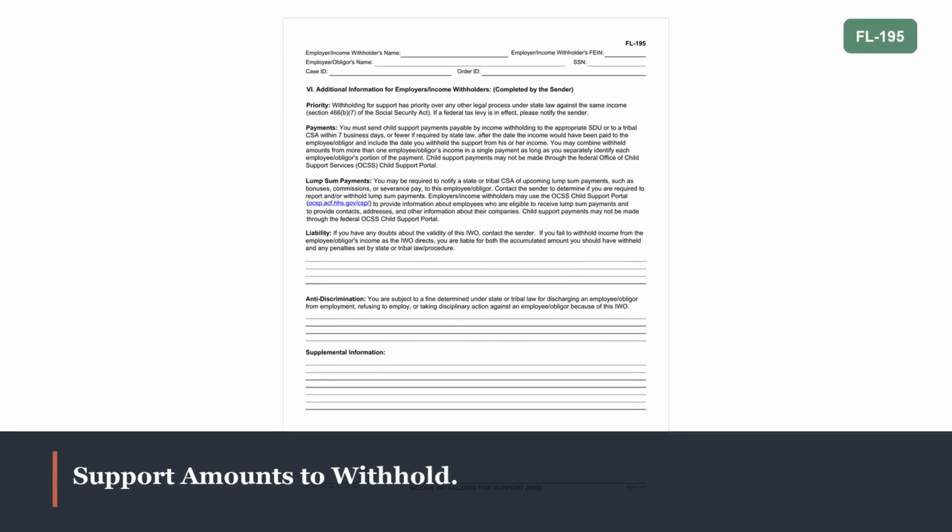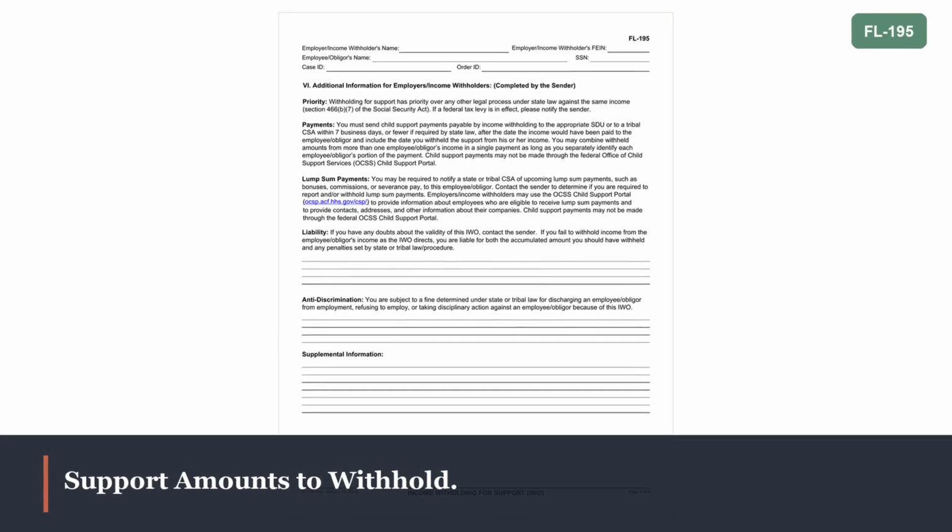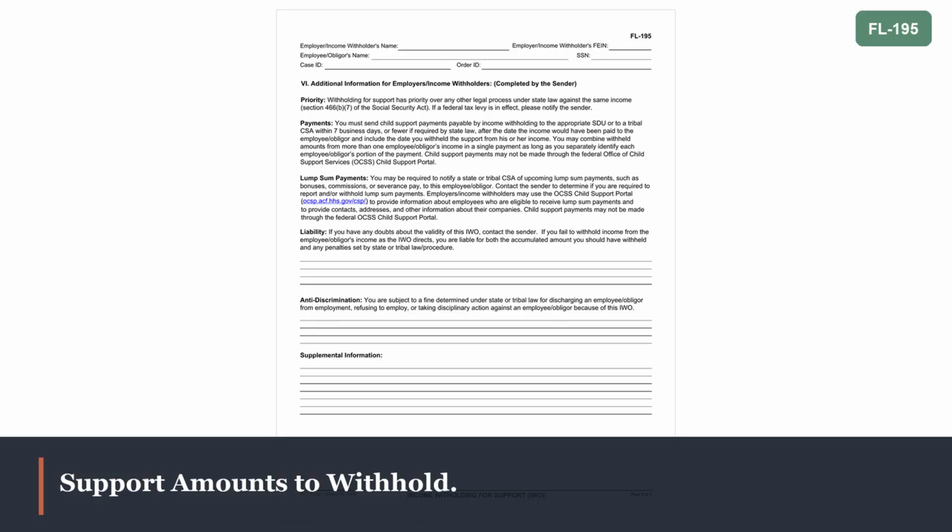Support amounts to withhold. This is the financial core of the form. It generally separates into current support, past due support, arrears, and other amounts. Each figure here must trace back to the underlying support order. If you need a refresher on how income and expenses are documented for support purposes in the first place, see our guide on how to fill out Form FL-150.